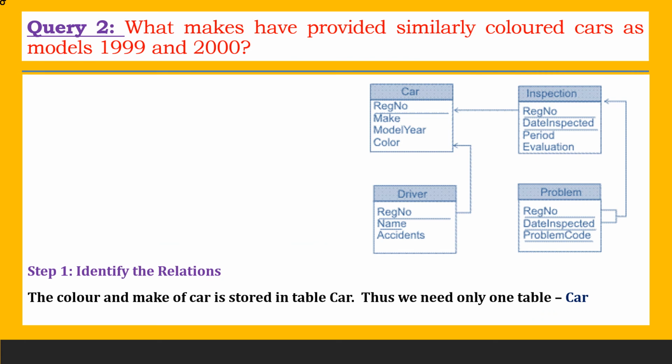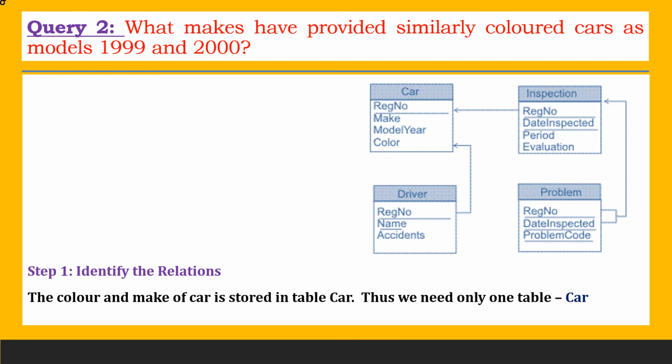Now let us look at another query. Our query is: what makes have provided similarly colored cars as models 1999 and 2000? Here also we are considering the same database which consists of four relations: car, inspection, driver, and problem.